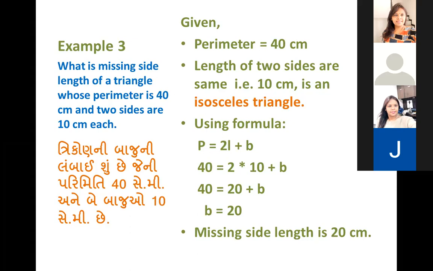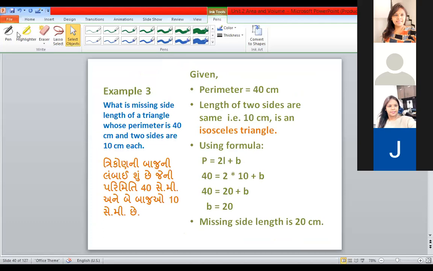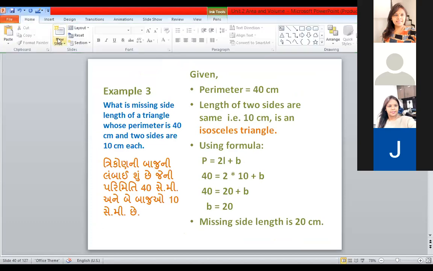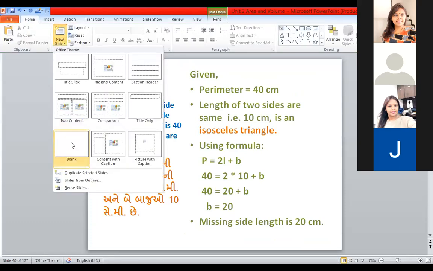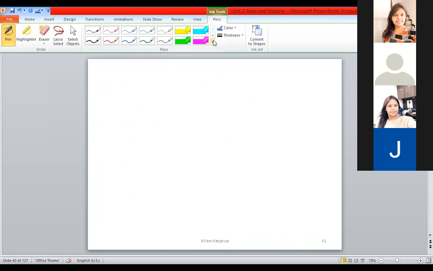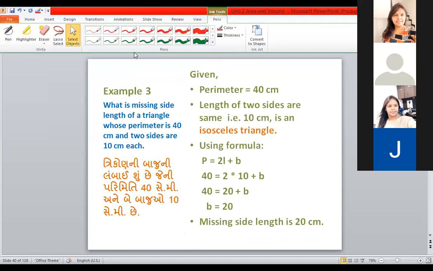Look here. If you are not able to do it, I will solve it for you, I will help you. In this question, they gave the perimeter, it's 40 centimeter.